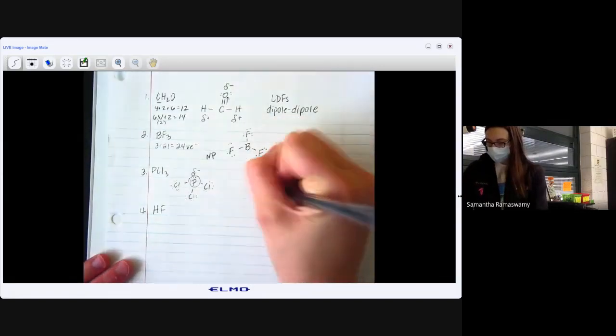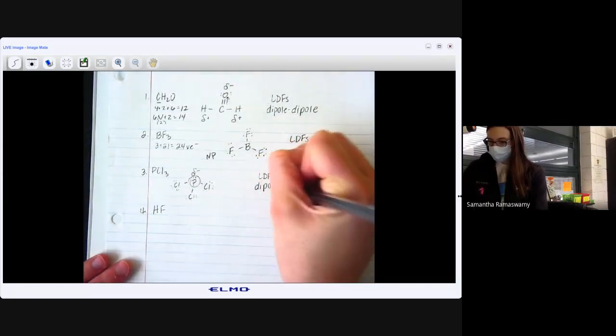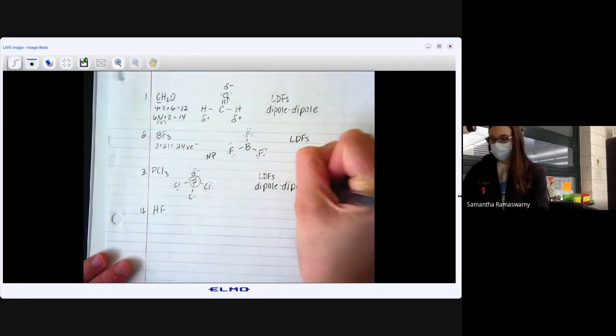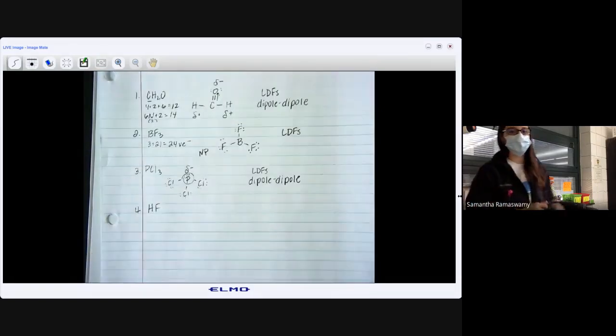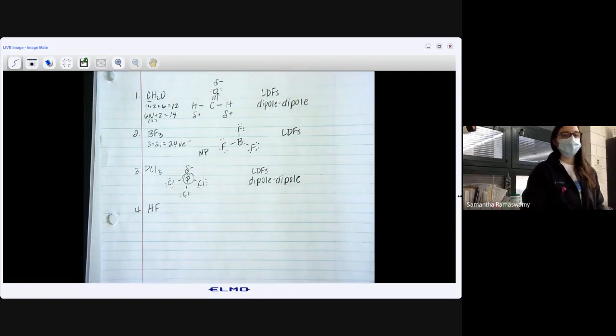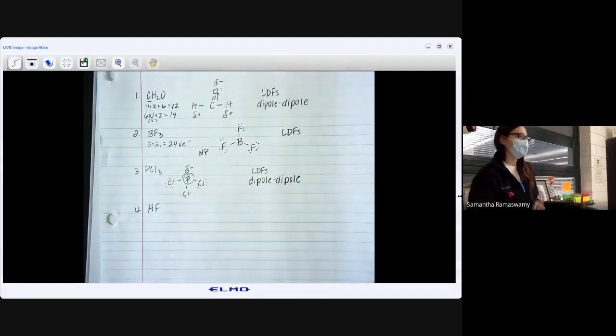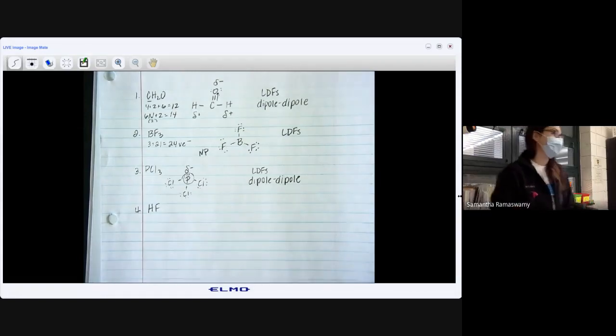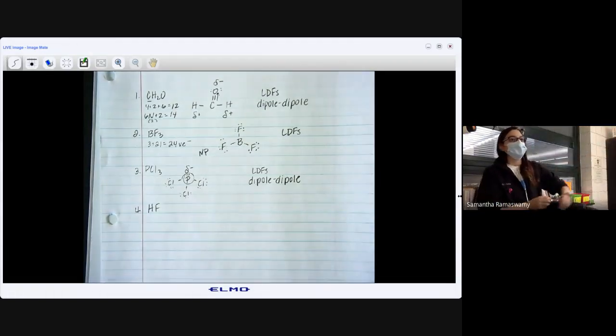Everything has dispersion. And because PCl3 is polar, it will also exhibit dipole-dipole forces. Now, HF, we could draw the Lewis structure, but we essentially have it drawn for us already, with the exception of the bond being right in between it. What is one of the intermolecular forces that HF would exhibit? Actually, hydrogen bonding.